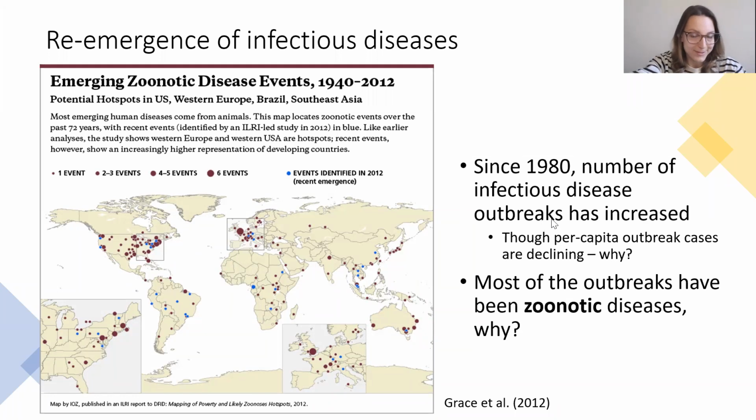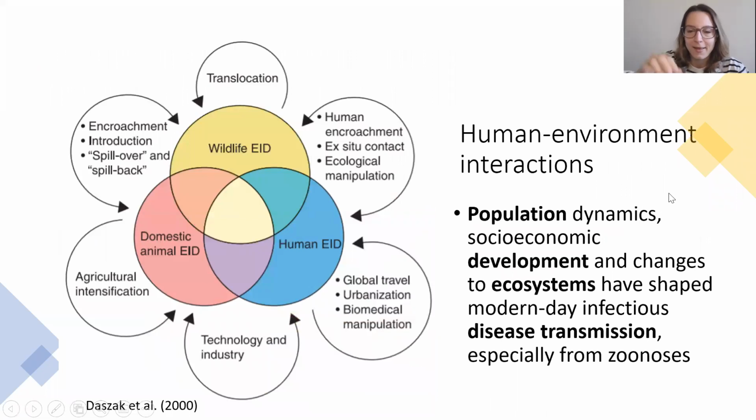And we also talked about some of these outbreaks having zoonotic sources, and so I'm going to talk about why. Remember that we've been talking a lot about these human environment interactions and how human population dynamics have played a big role.